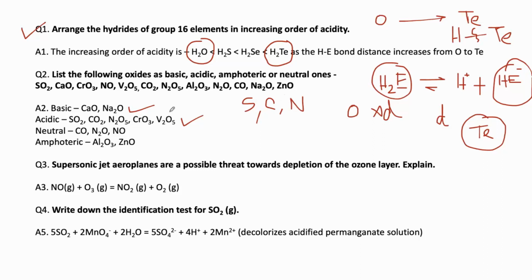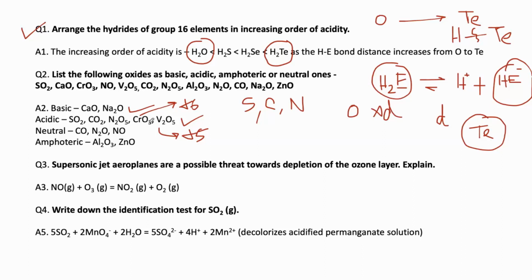But if you look at the oxides of the high oxidation state, here you can see chromium has an oxidation state of +6 and vanadium has an oxidation state of +5. So whenever the metal has a high oxidation state, the oxides will be acidic. But here calcium has oxidation state +2 and sodium has oxidation state +1, so they are normally basic oxides.